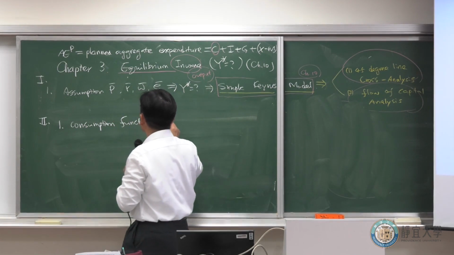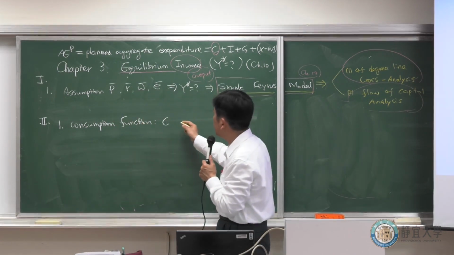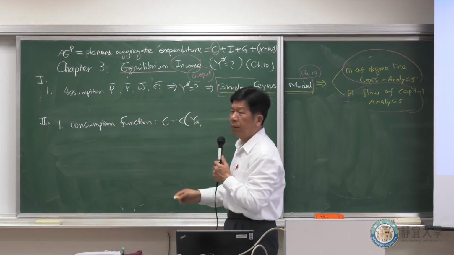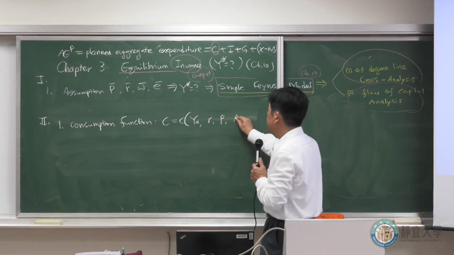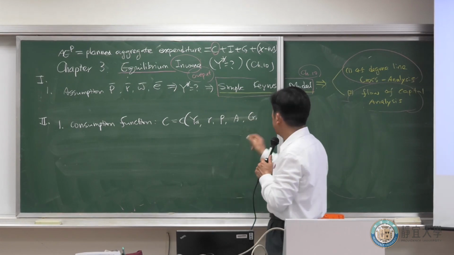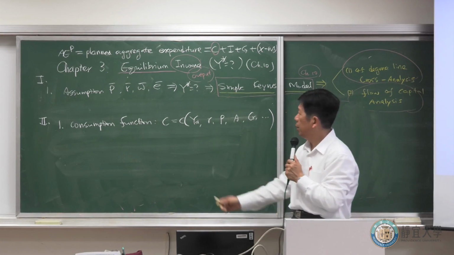Okay, this is C. So the consumption function equals C of YD and R and P and A and so many things. What is it?